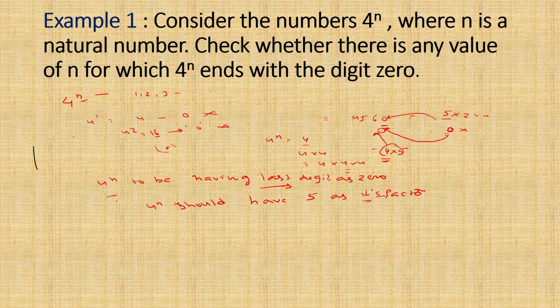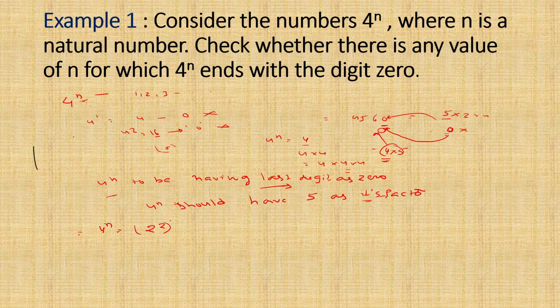If 5 is a factor of this 4 power n, then 4 into 5 multiplied, we will get 0 as its last digit. But is it possible that 5 is a factor of 4 power n? That we will see. So what is 4 power n?